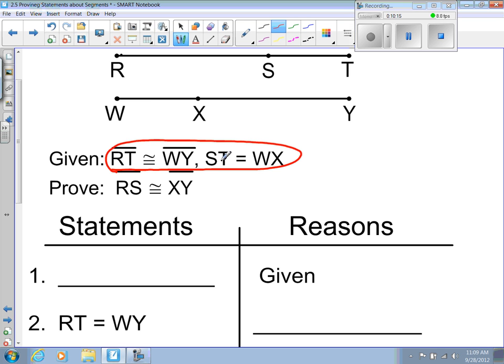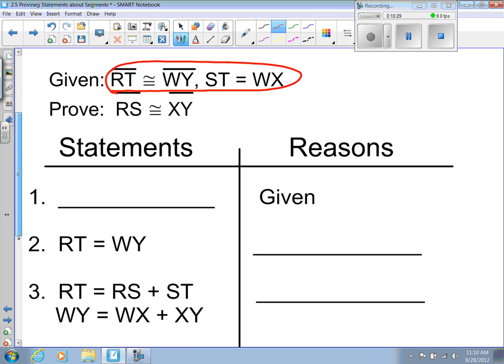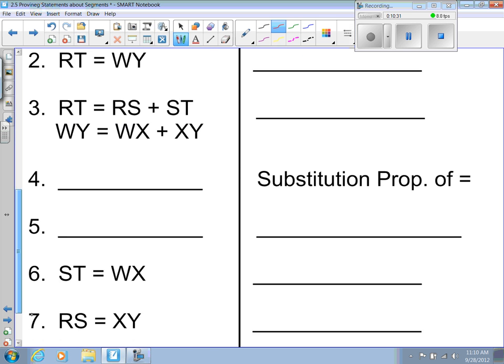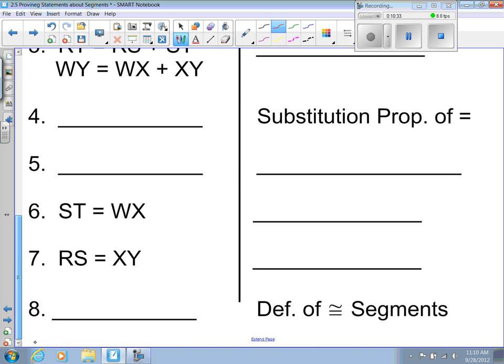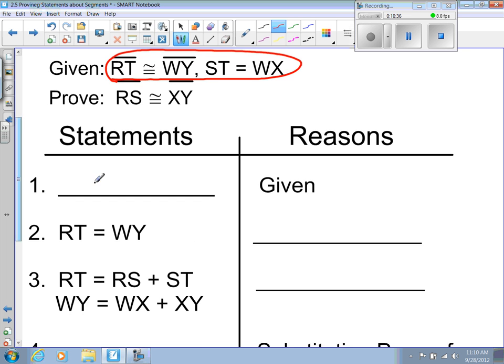The length of ST is the same as the length of WX. So as we start to prove that RS is congruent to XY, we're going to fill in the blanks, and this is how some of your homework problems go. You just have to fill in some of the reasons and some of the statements.